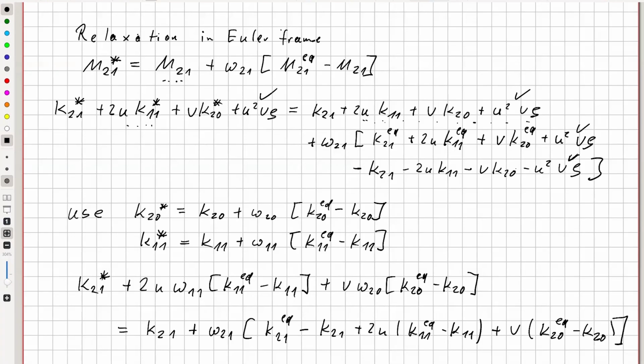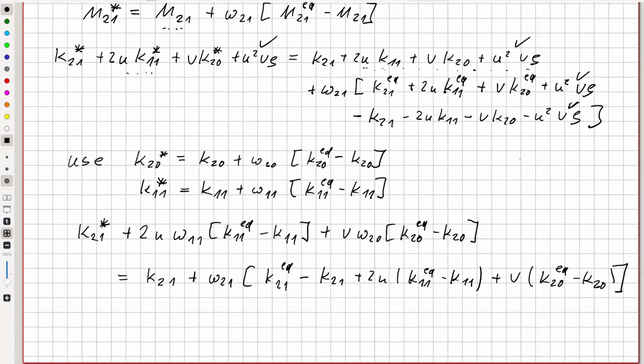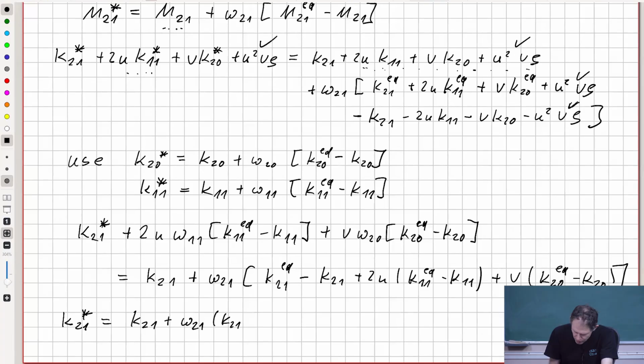Hopefully this is correct, and this is what we have. Now we can rewrite this a little bit more to see that K10 after collision is K10 plus omega 2 0 times K2.